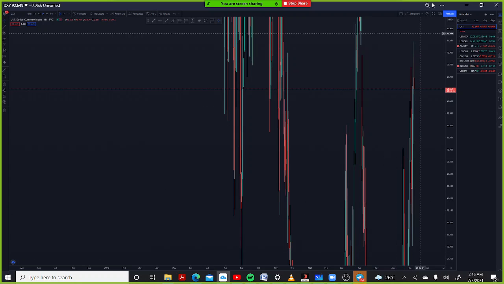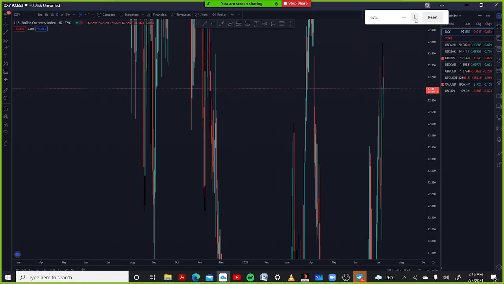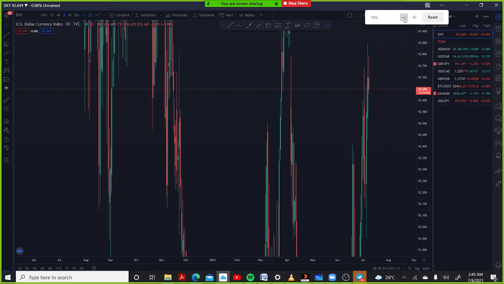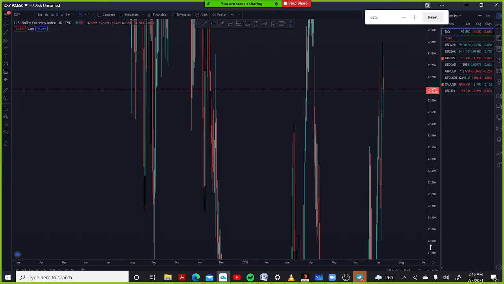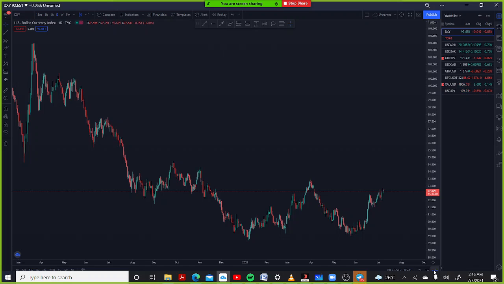This is my TradingView. Trying to zoom it. Okay, I think it's a bit clearer now. So the first thing you want to do if you're looking at any chart is ask yourself what is the major move in the market.